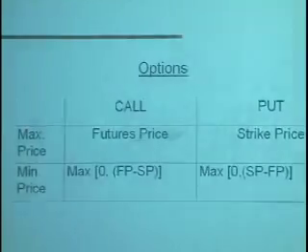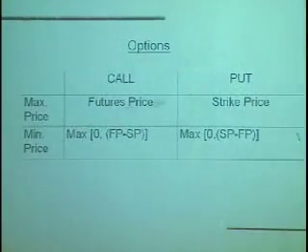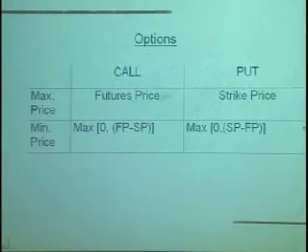Okay, we're brightening things up here a little bit. So the call option, the maximum price is the futures price, and this is something that Mary was alluding to earlier. As you know, the futures price can continue to rise, so it's almost unlimited.